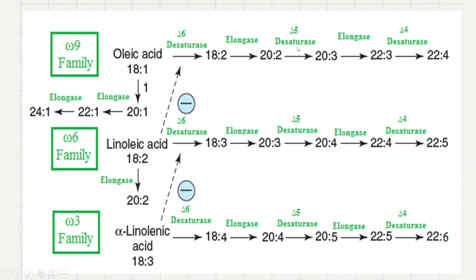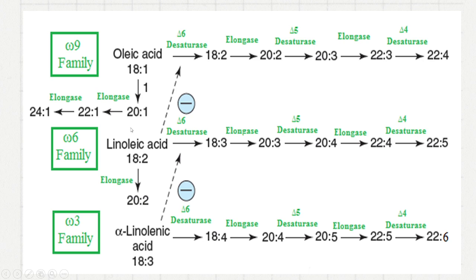Then a delta 5 desaturase will introduce a third double bond, and then an elongase will convert 20 to 22 carbons, and a third desaturase will introduce a delta 4 double bond to give a 22 carbon polyunsaturated fatty acid with 4 double bonds. This can easily occur in the body.